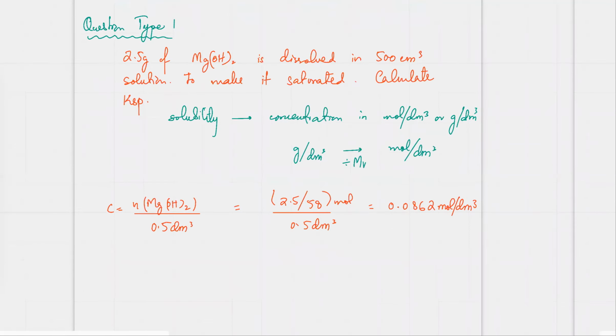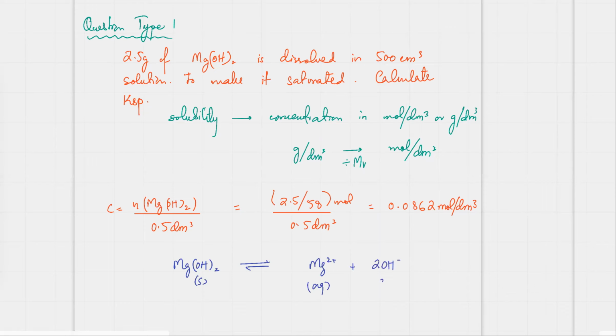So I'm going to write the equation of Mg(OH)2 dissolving. Mg(OH)2 solid dissolves, forms a saturated solution, forms Mg2+ ions, aqueous, and forms two OH- ions, which are also aqueous.